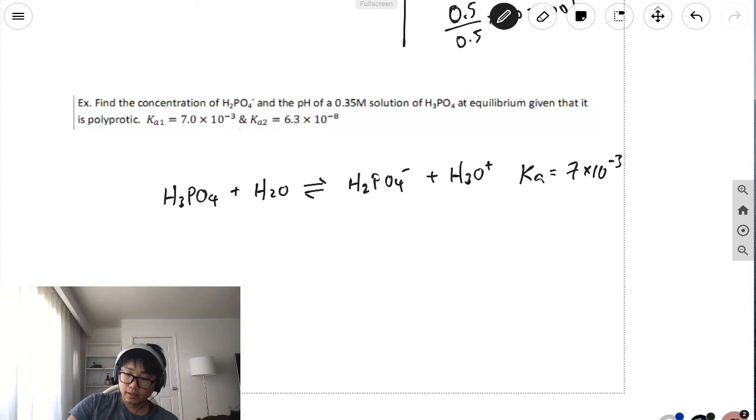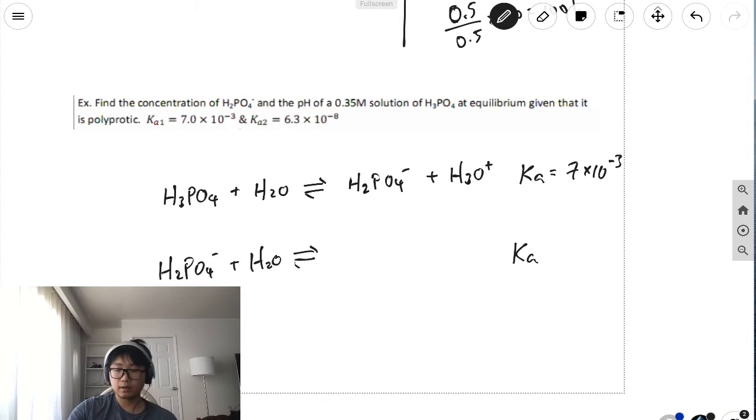All right, so now, why did they give you two Ka values? That's because if you take the product of this, the H2PO4 minus, you can actually dissociate one more time. We're going to react that with water once again. And this time, what do we get for the products? We get HPO4, and the charge on that is 2 minus, right? Because you lost another H plus.